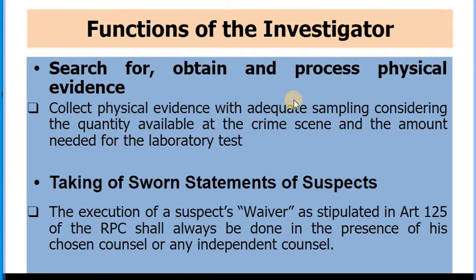The investigator collects physical evidence with adequate sampling, considering the quantity available at the crime scene and the amount needed for the laboratory test. In collecting physical evidence at crime scenes, you need to have adequate, meaning the right quantity or quality of physical evidence. Why, ma'am? Isn't everything brought in? For example, the physical evidence there is the whole door, and the whole door is suspected to have been doused with gas. Would you subject the whole door to laboratory examination? No, right? You will just take a part of that door, and that is what you examine. And in court, when it is presented, just a picture, right? Together with the sample specimen that came out of the laboratory.